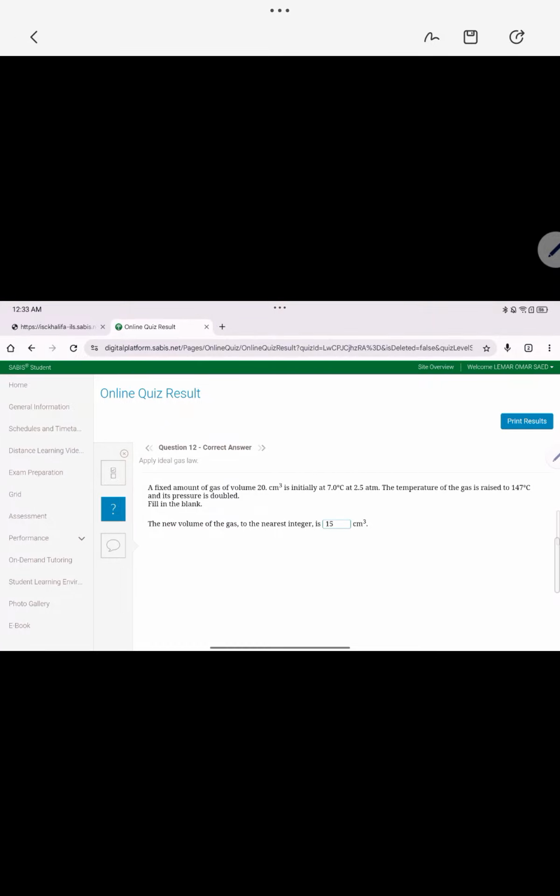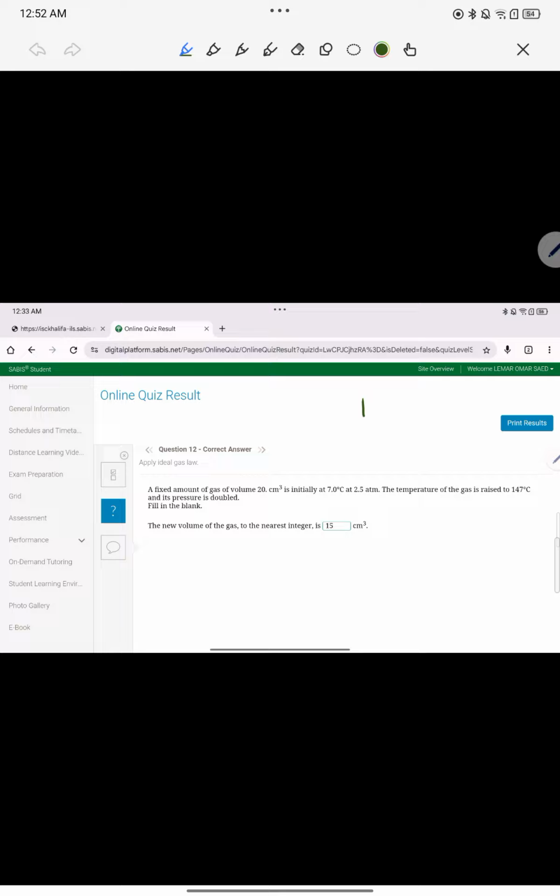Okay, now apply ideal gas law. So P1 V1 over T1 equal P2 V2 over T2. This is gonna be T2, which is 273 plus 147, which is 420.